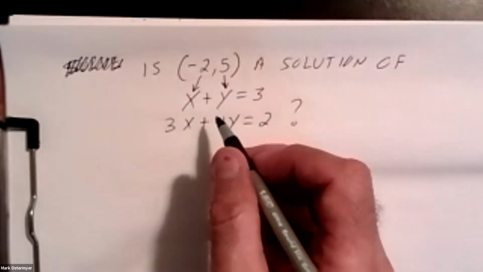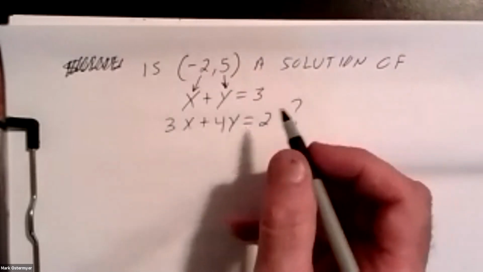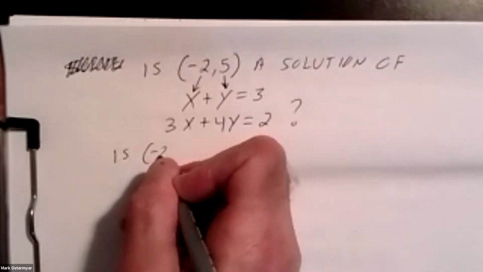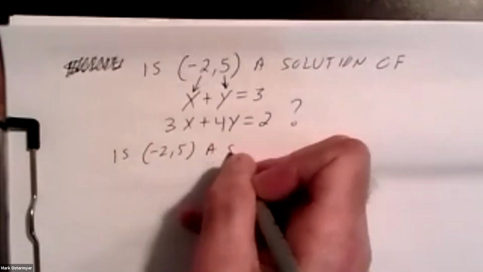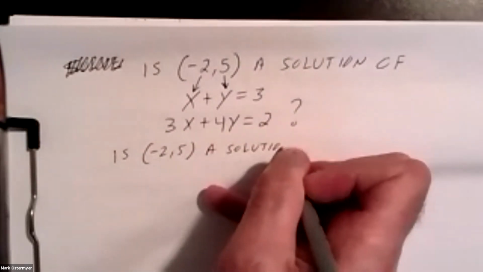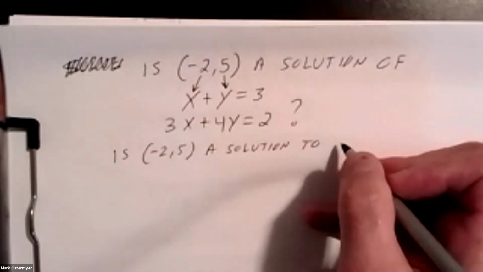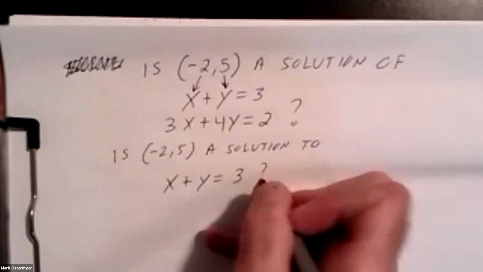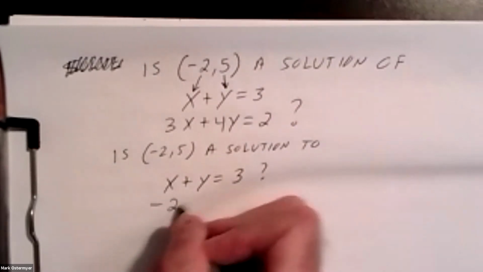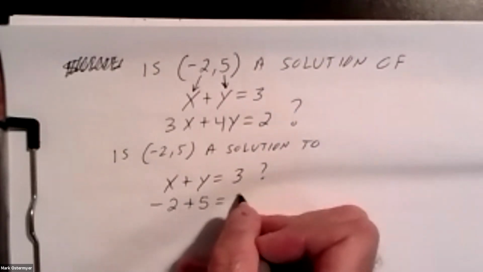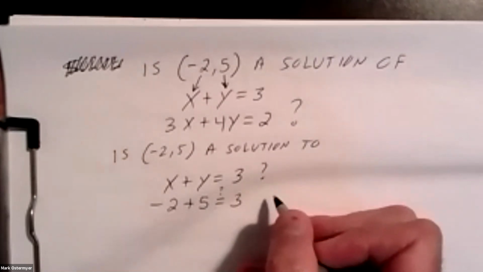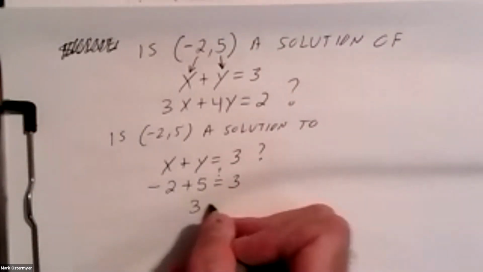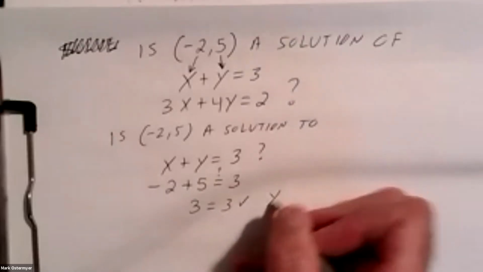So is (-2, 5) a solution to the first equation? So -2 goes in for x, 5 goes in for y. Does it satisfy the first equation? And the answer is yes.